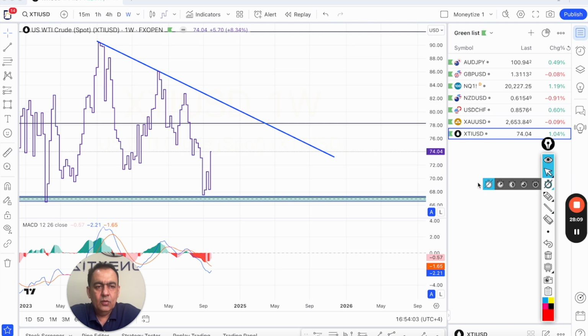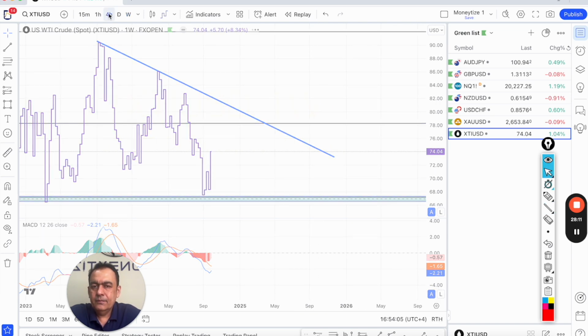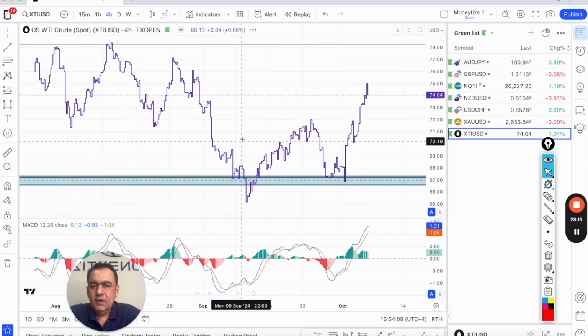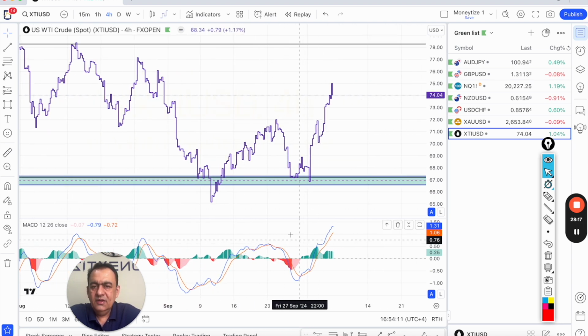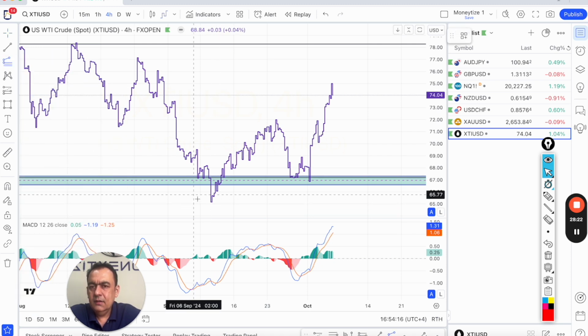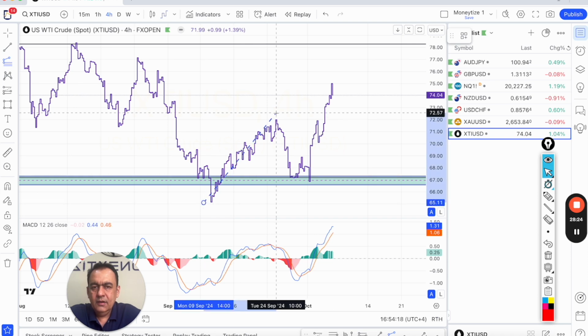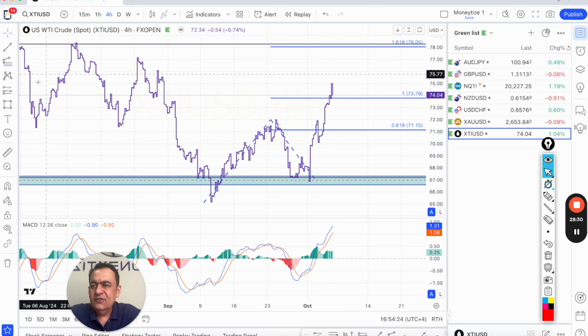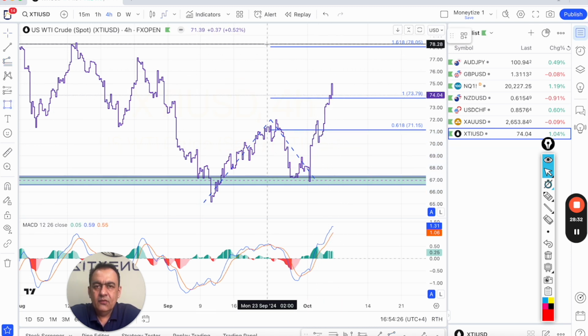Now moving to 4 hourly frame. Now on the basis of 4 hourly frame, we got ABC Fib extension application here. So I'm going to apply, I'll pick from the lowest point. And yes, so the next magnet zone is coming at 78.05.